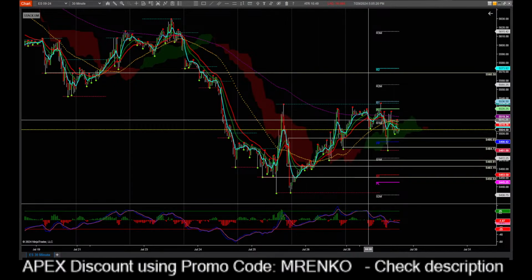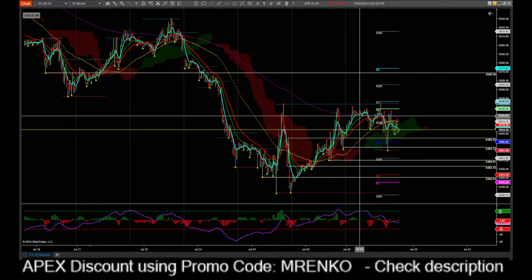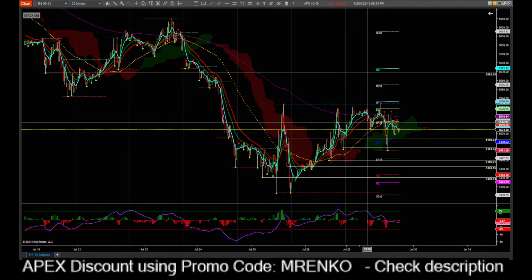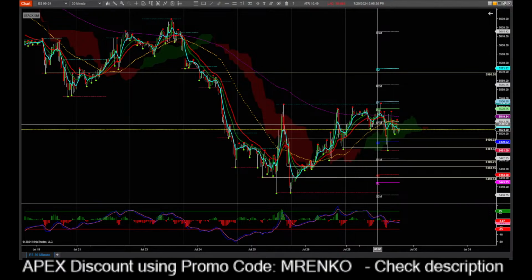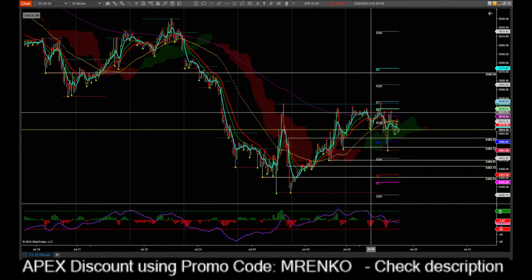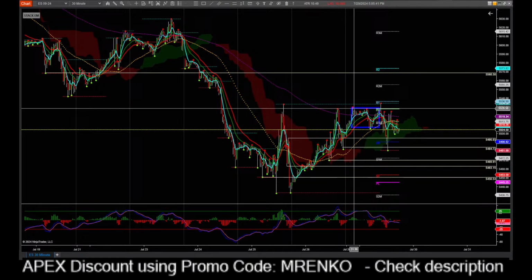First of all, I identify in this area that in the overnight we did have a range day. Initially it went from here to, let's see, 9:30 right there. So we did have a range in this area right here.